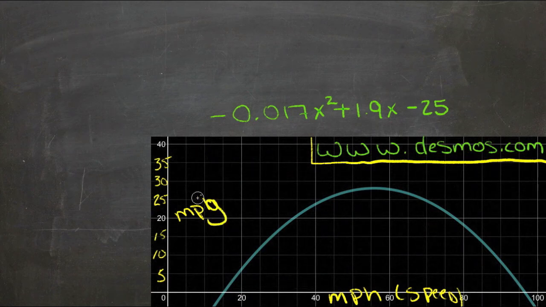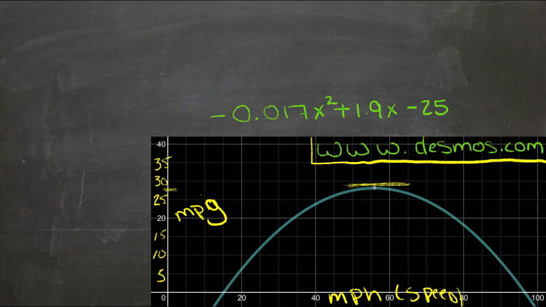To find our maximum, we really just need to find the top of our parabola here, because as this goes up, our miles per gallon go up. So up here at the top of our parabola is where that is going to be maximized. We can see that the maximum miles per gallon is just about 28.